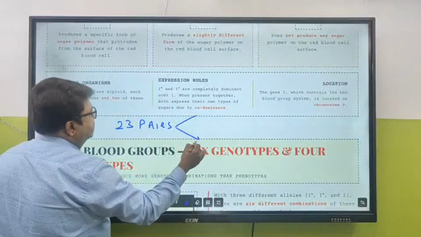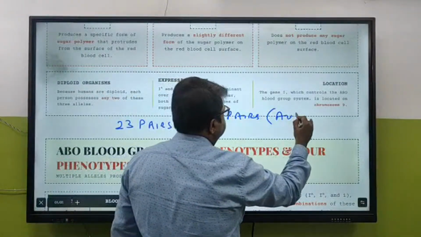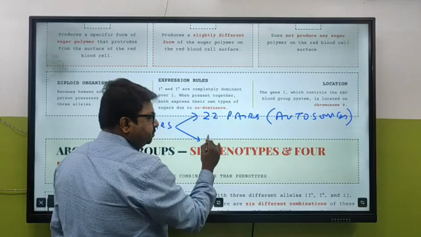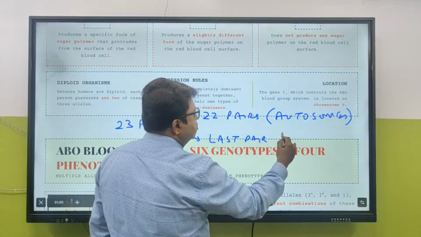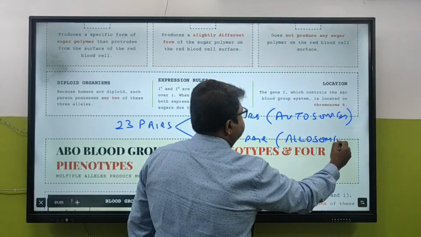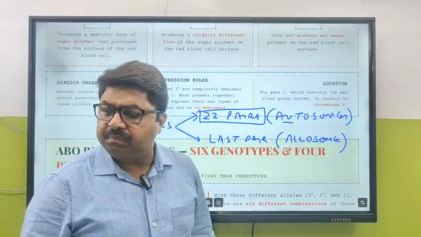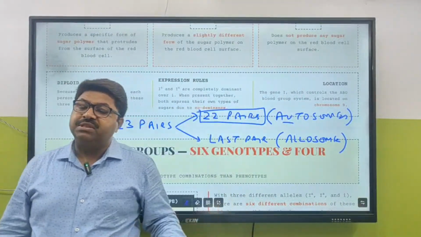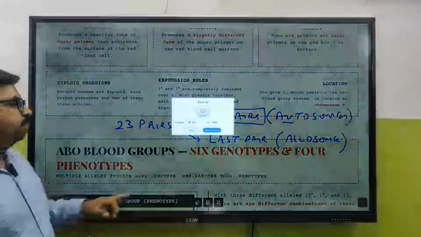Out of 23 pairs, 22 pairs are autosomes, and the last pair, the 23rd pair, is the sex chromosome called allosome. Is this clear? So what will the 9th pair be out of the 22? Definitely autosome. So capital I is present on the 9th chromosome, which means it is autosomal. Understand this, fine?